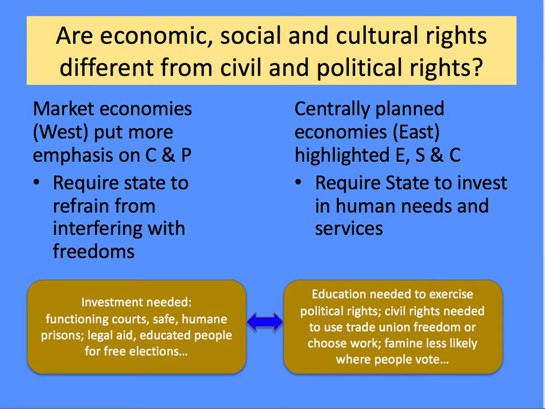Now, when you start analyzing how these rights actually work, are economic, social, and cultural rights really different from civil and political rights? You can see how, in order to have one set of rights, you need some of the other. For example, education is usually thought of as a social right, but to have functioning courts, voting, and elections, and to preserve that freedom, you need people who are educated.